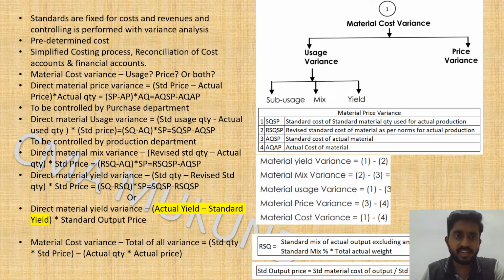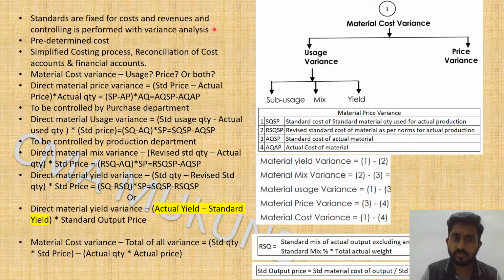So what is this standard costing? Standards are fixed for costs and revenues, and controlling is performed with variance analysis. If you go and work in a manufacturing environment, most manufacturing companies use the standard costing methodology for their cost accounting.